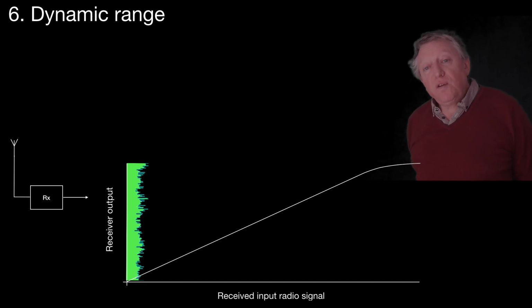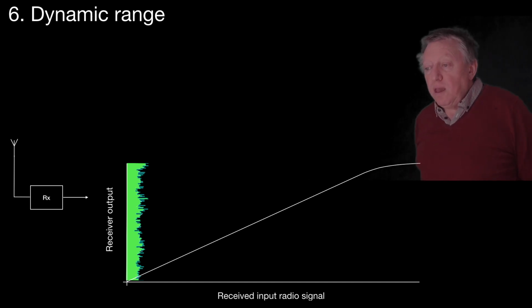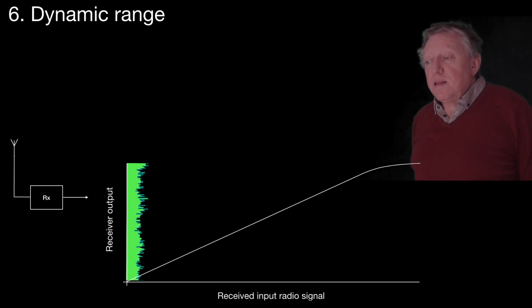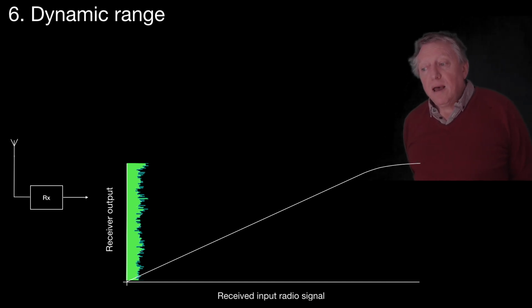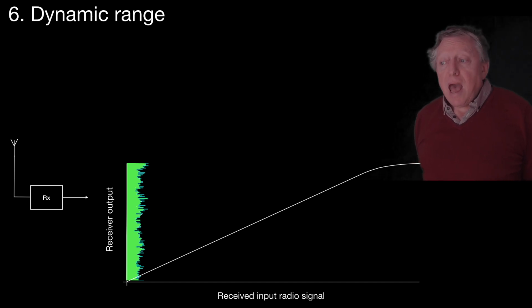As we start to feed a signal in with increasing level, that's along the bottom, the received input radio signal, the output will increase steadily with increasing input. We will first discern the output when the radio signal exceeds the noise, and it will continue to increase up the flat part of that curve.